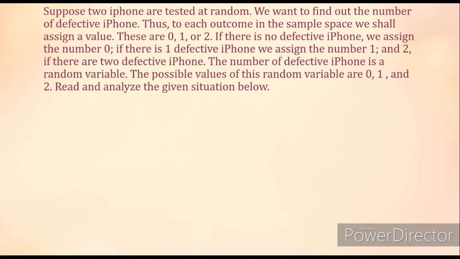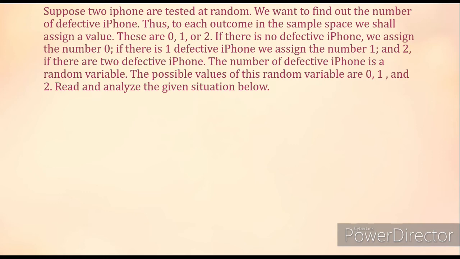These are 0, 1, or 2. If there is no defective iPhone, we assign the number 0. If there is one defective iPhone, we assign the number 1. And 2, if there are 2 defective iPhones. The number of defective iPhones is a random variable. The possible values of this random variable are 0, 1, and 2.